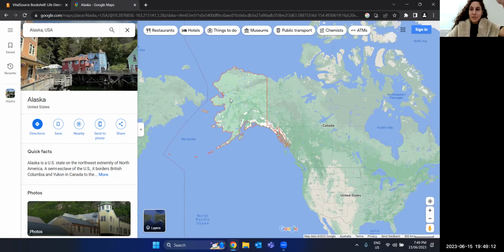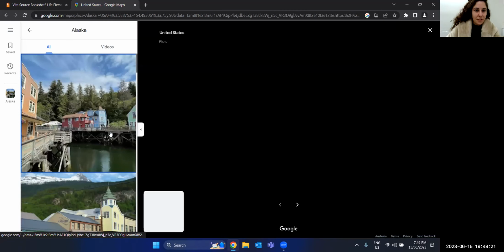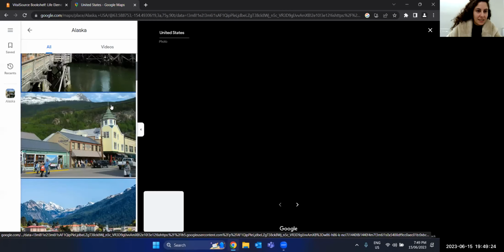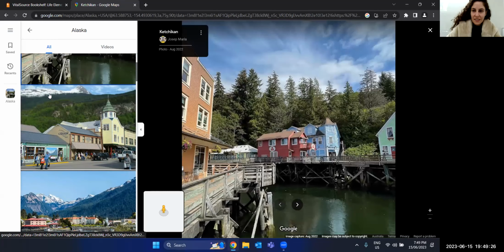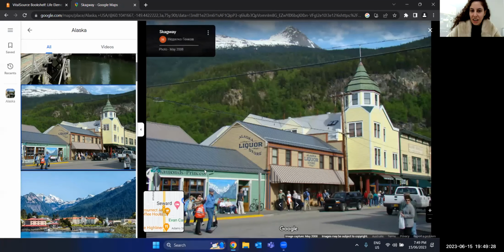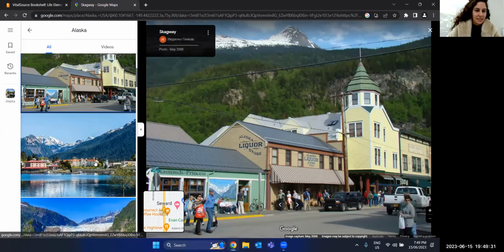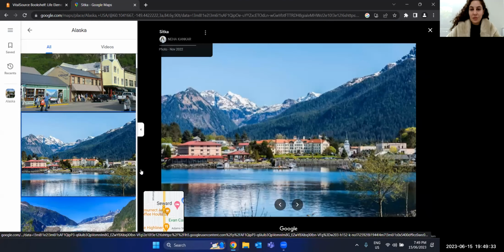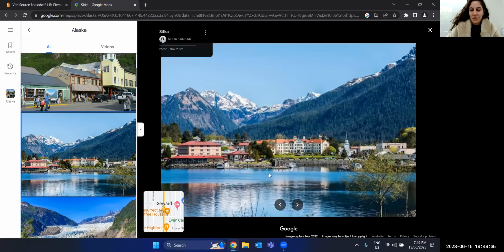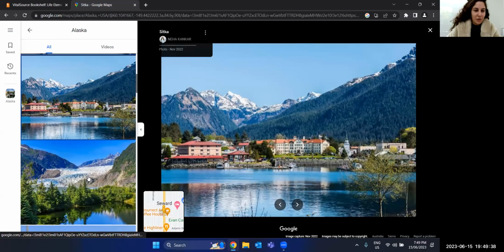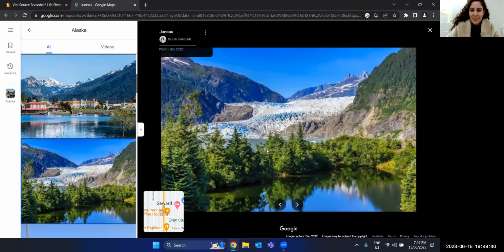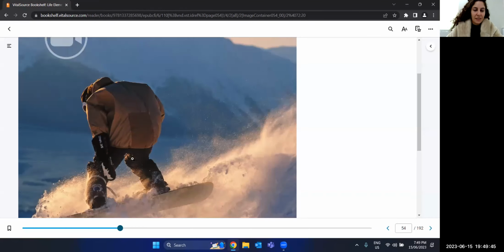It's close to the North Pole, to the Arctic. We can see it's a very cute little town, very mountainous, very charming, beautiful. It would be very cold, I'm sure. Okay, so snowboarding is the activity.